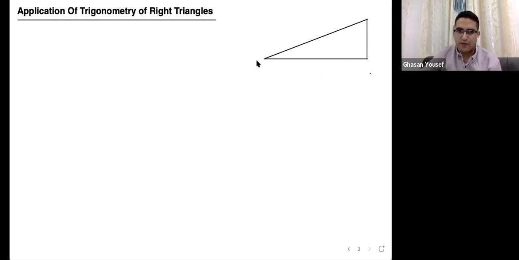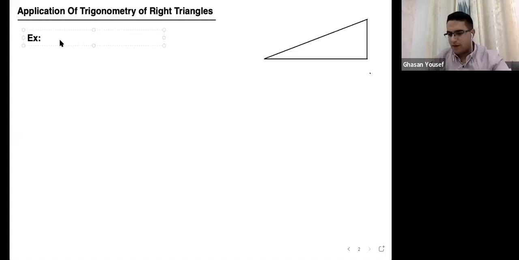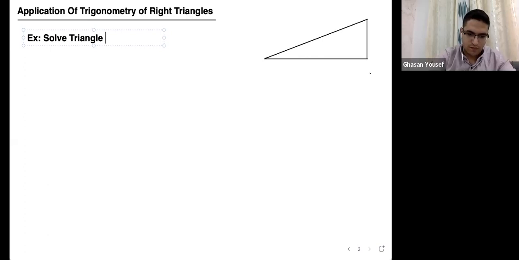So if I give you, for example, example number 1: solve triangle ABC. This triangle has the name ABC, and the names of the angles are shown in the picture.